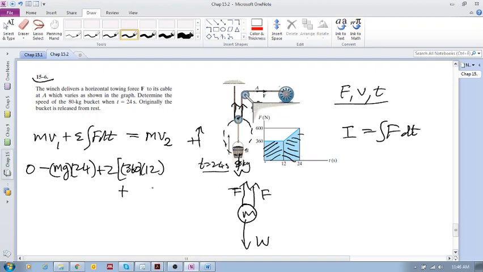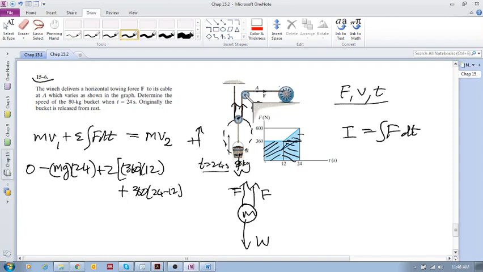You may have some nice little equation for dealing with the trapezoid. I'm not so smart, so I'm just going to break this up into a rectangle and a triangle. Remember, we're still inside the bracket with 2 of those. So we're going to have 360 times 24 minus 12.